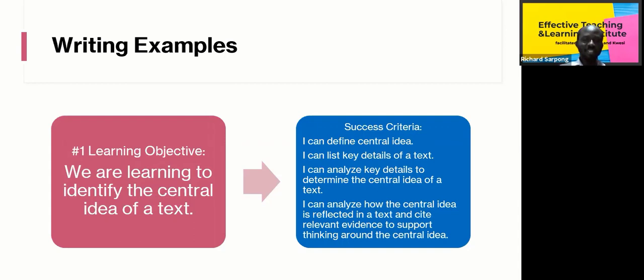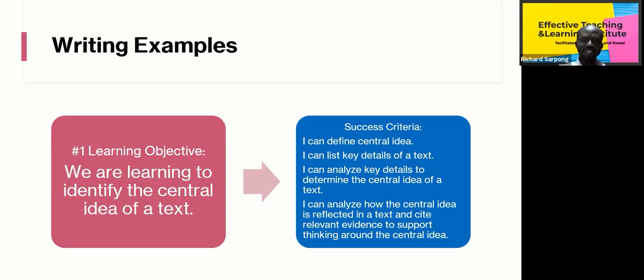If they can define the central idea, if they know what a central idea is, then they can list some of the key details of a text. If they can analyze some of the key details to determine the central idea of a text, then they can analyze how the central idea is reflected in the text and cite evidence to support their thinking around the central idea.